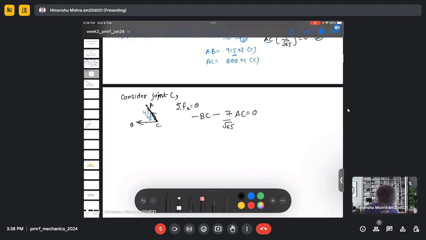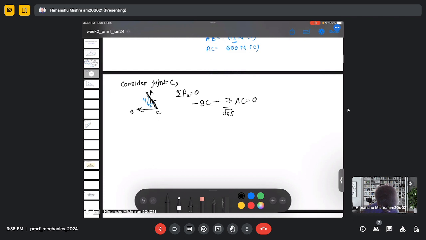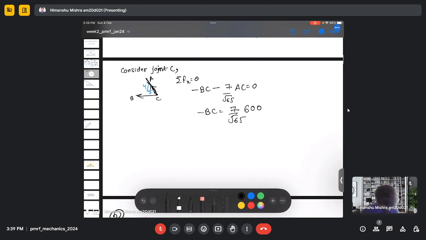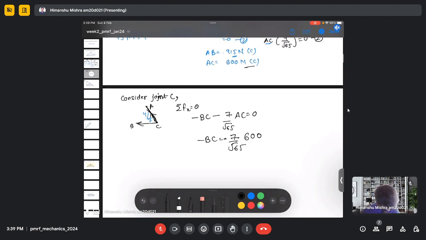And we already know the AC, which is 600 Newton, and it's minus, because it's compression, so it's minus 600 Newton.